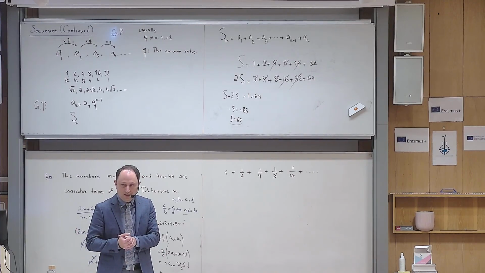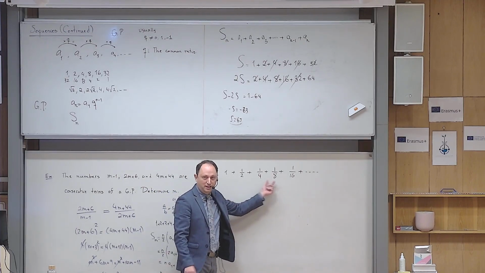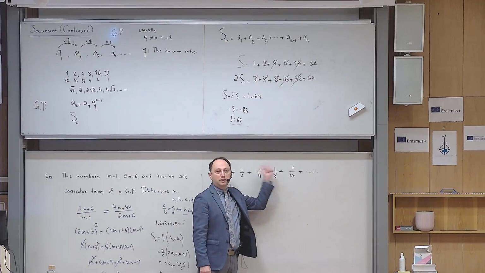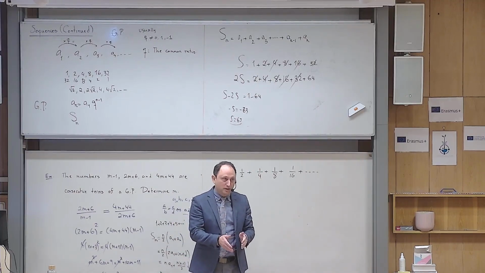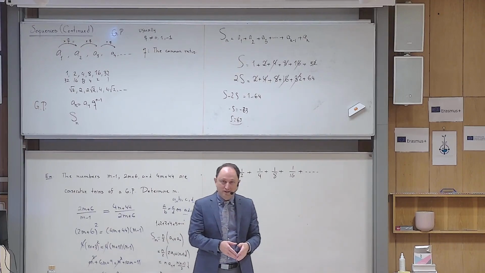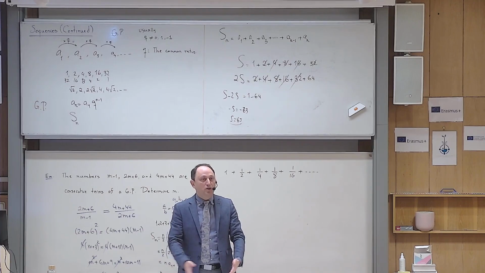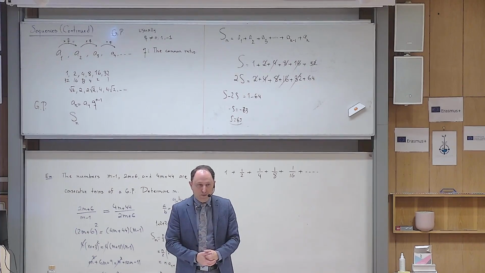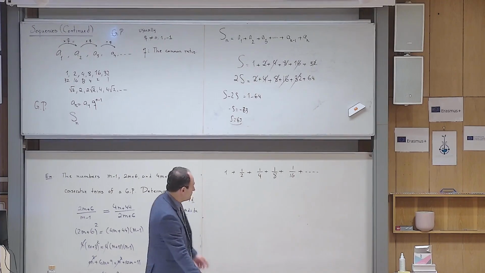Yes? Is that clear? I agree that I am adding smaller and smaller numbers, every time a smaller number to the previous sum. But still I am adding something, and how many times? Infinitely many times. So it is not that clear at all. Either it becomes very big or it becomes small or whatever happens. Okay? So let us try to understand that.